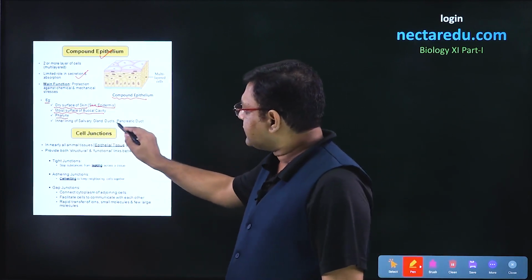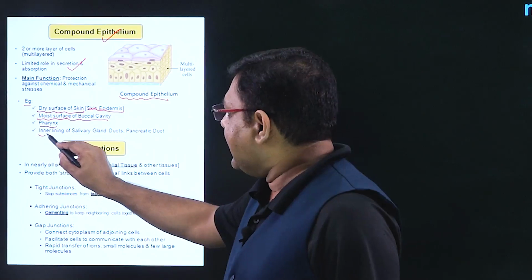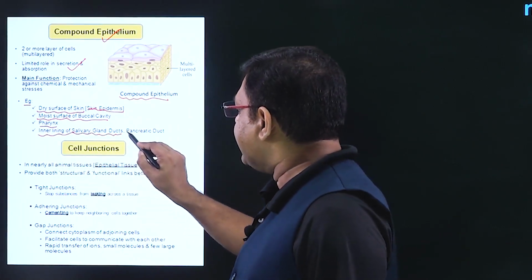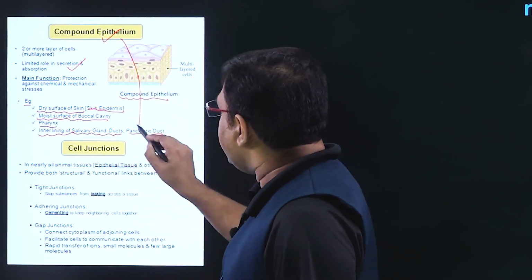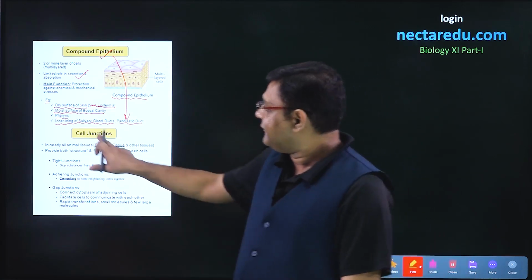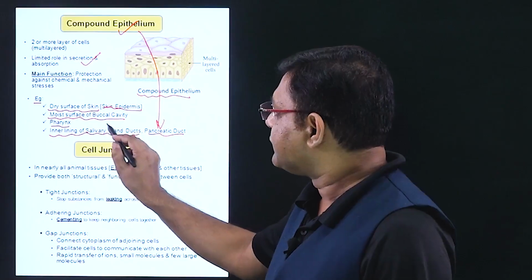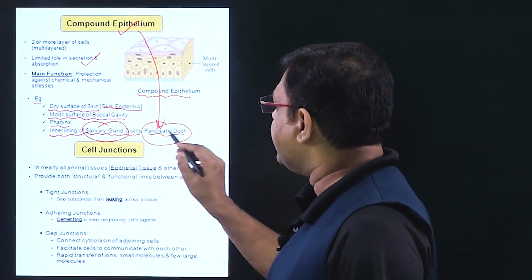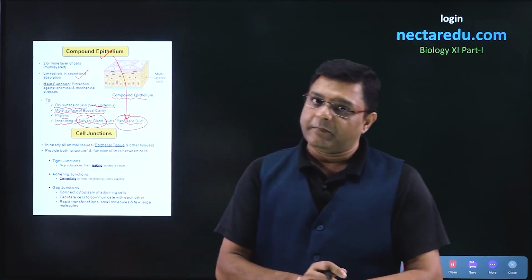Talking about the fourth example, the inner lining of salivary gland ducts and pancreatic duct is an example of compound epithelium. The thing to be noted here is that in general the ducts of glands have simple epithelium. But especially the ducts of salivary gland and pancreatic duct have compound epithelium.